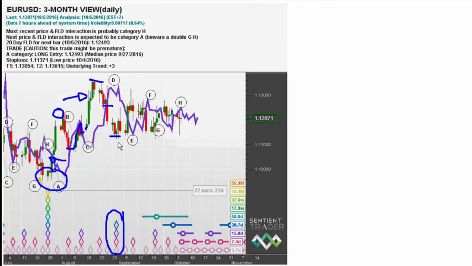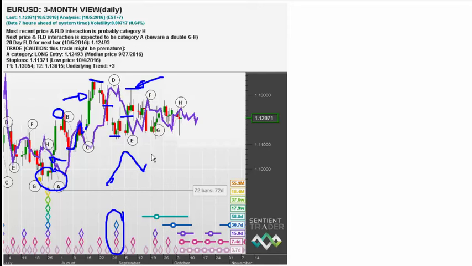And that D category interaction very accurately achieved its target, which is something that we expect to see in the D category interaction. The next interaction was the E category interaction, and price came up and fairly accurately achieved its target over there. Of course, at this point the triangle formation was beginning to exert itself, and so we have a sort of squeezed cycle shape.